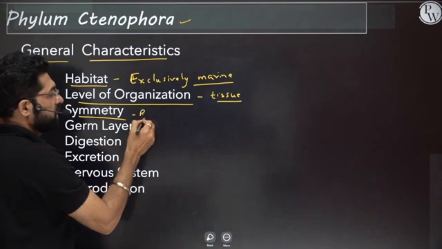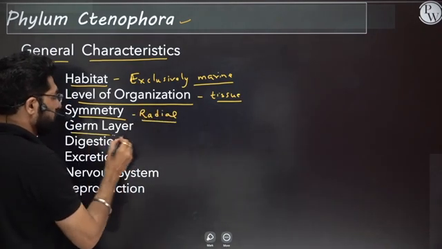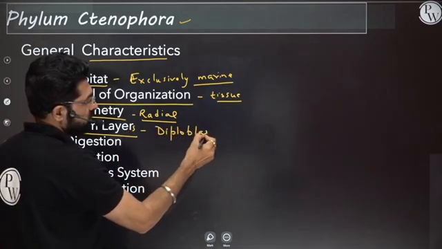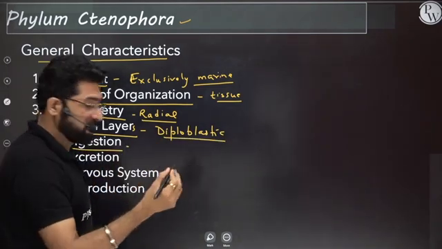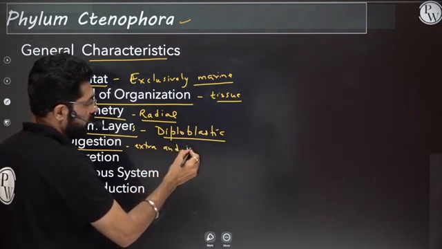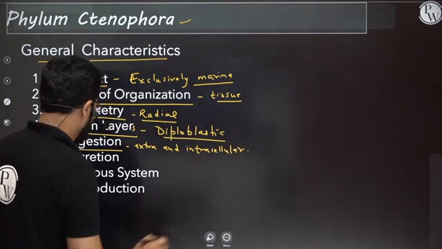Symmetry again is radial, because they are very similar to the Cnidarians. According to germ layers, they are diploblastic organisms, means they have 2 germ layers. Digestion is same as Cnidarians, extracellular and intracellular here again. Is it okay?